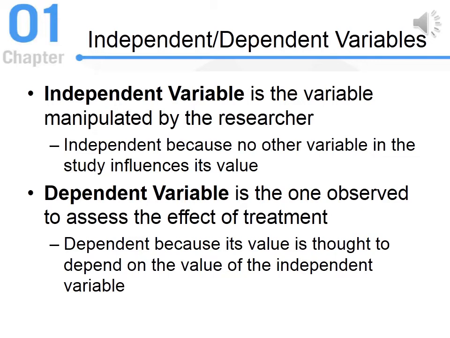The dependent variable is the one that's observed or that's measured by the experimenter. This is the one that is expected to change. So if there's a difference between the two groups, it's expected to occur because of the independent variable, and the difference will be manifested or reflected in the values of the dependent variable.